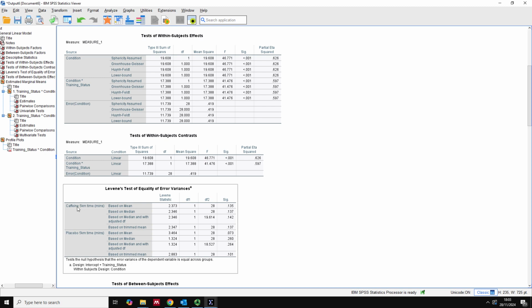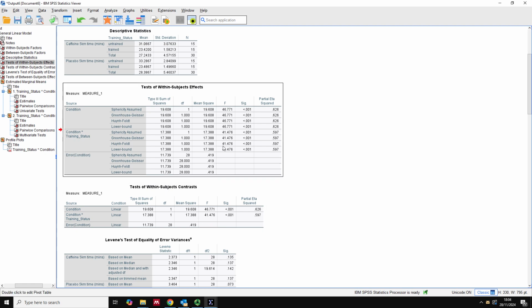In the caffeine trial, there was an equality of variances. Our p-value was above 0.05, so that's fine. Then we look at the placebo, again based on the mean, and that was 0.073, which is above 0.05. So we've met that assumption in that case, which is lovely.